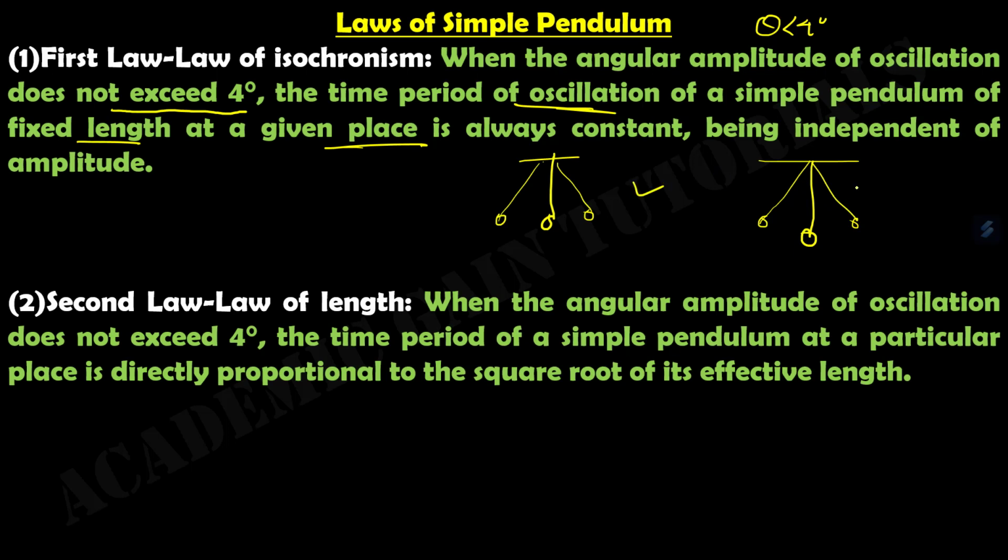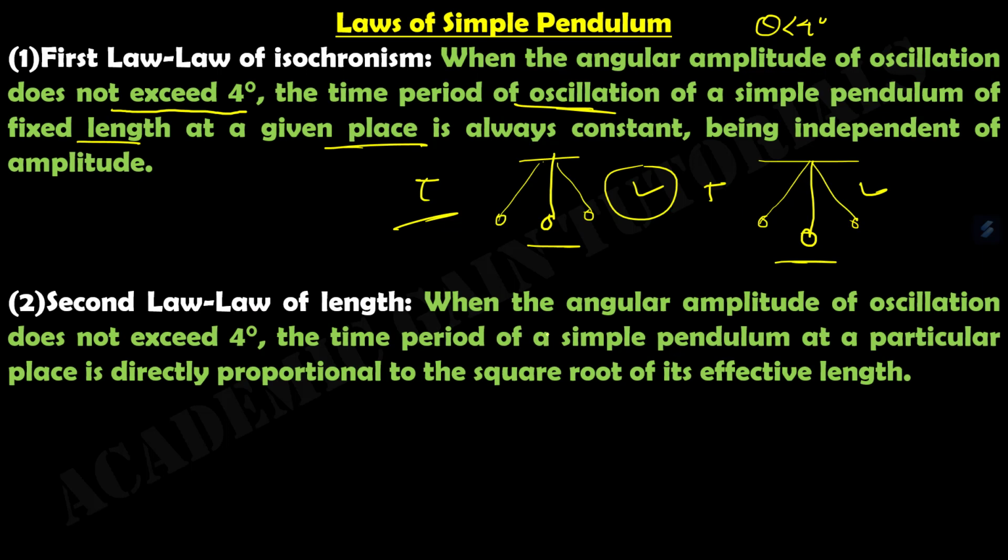Then these two simple pendulums will have the same time period if they have the same effective length and are at a given place, meaning these two places are similar and not varied. If I take same length simple pendulums in a room and find the time period, it will be the same for this pendulum and this pendulum, always. So this is the first law, the law of isochronism.